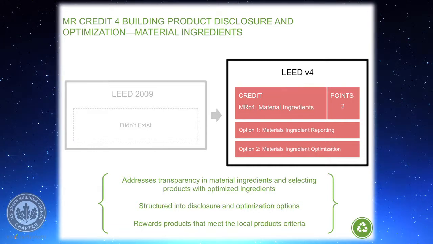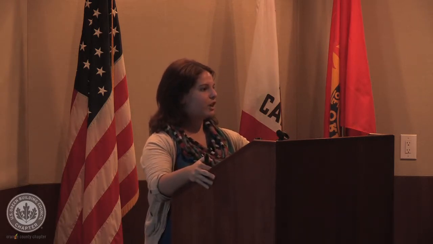For option 2, we want to reward manufacturers who improve their performance, not performance of the product's function itself, but performance as it relates to human and ecological health criteria. So for example, if this podium was made of plutonium, which it's not, but if it were, and by taking it out, it would make this podium floppy instead of structured, the product would not meet its function.